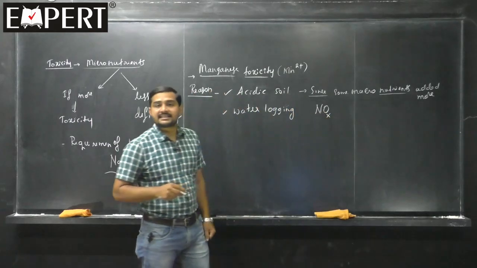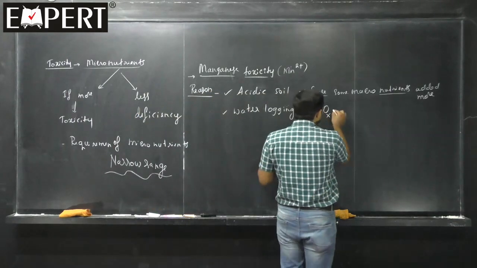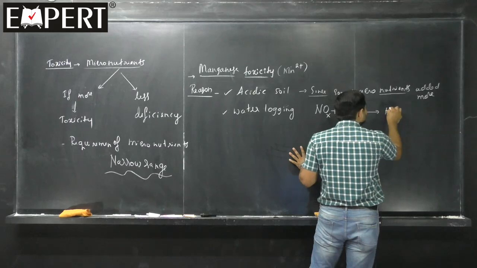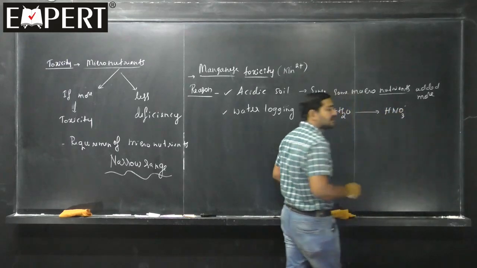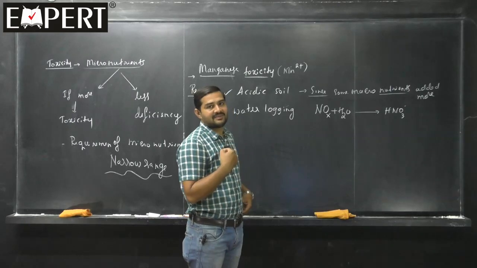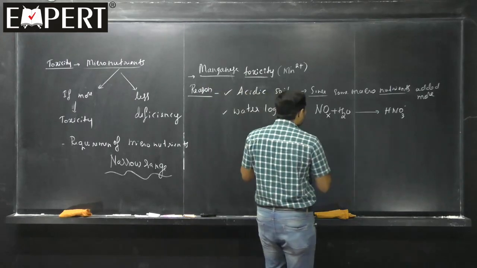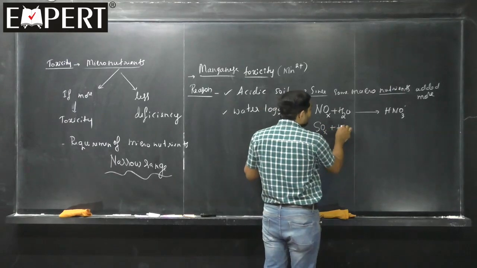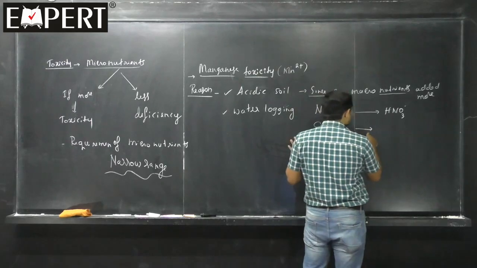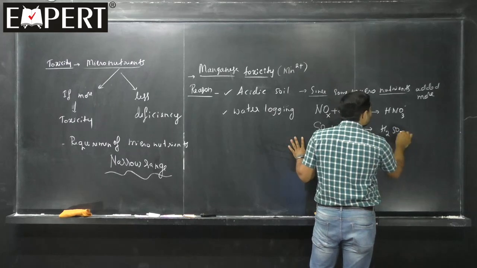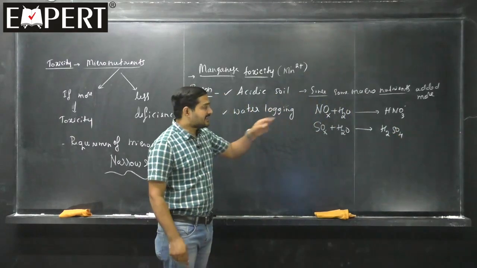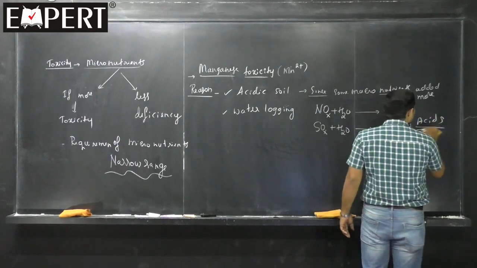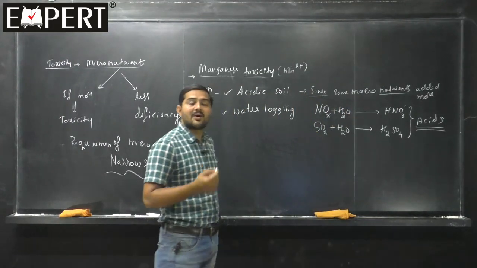NOx in the atmosphere can react with water and be precipitated as HNO3, nitric acid, which is acidic in nature, right? Or else it can be oxides of sulfur, SOx, which react with water and precipitate as H2SO4, sulfuric acid. So these acids can make the soil acidic.